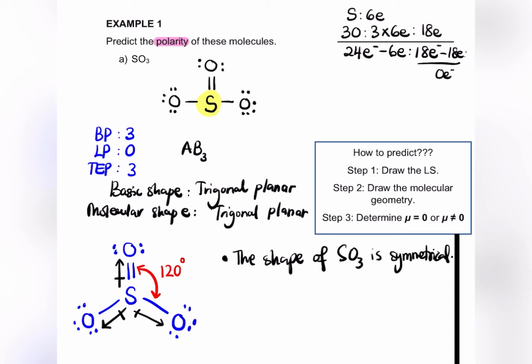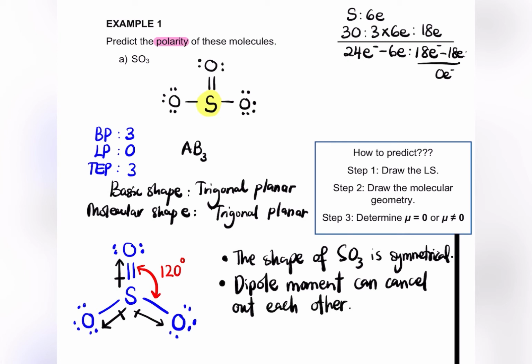And then the second point, you can say that when the shape is symmetrical, it means the dipole moment can cancel out each other. So you can put as your second point, dipole moment can cancel out each other.